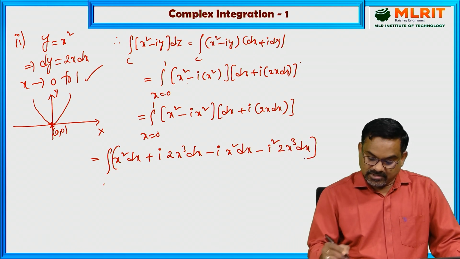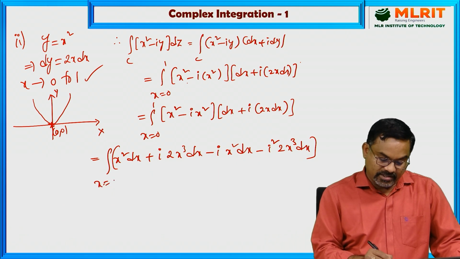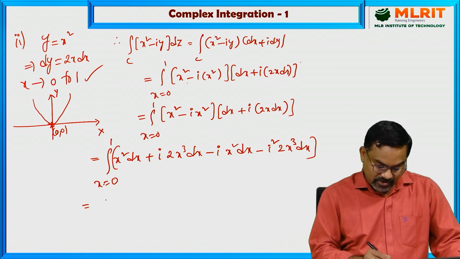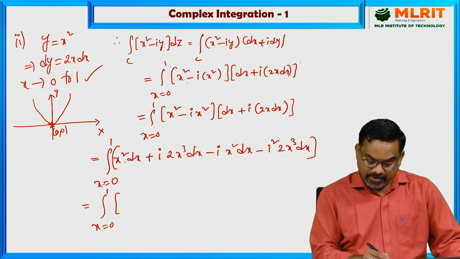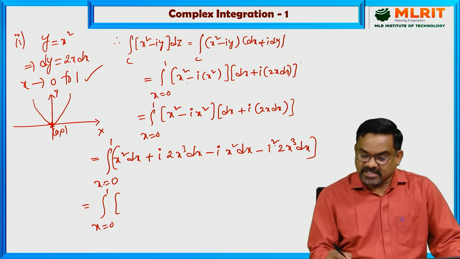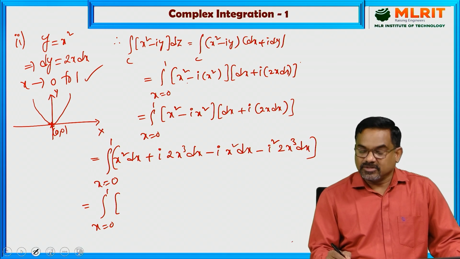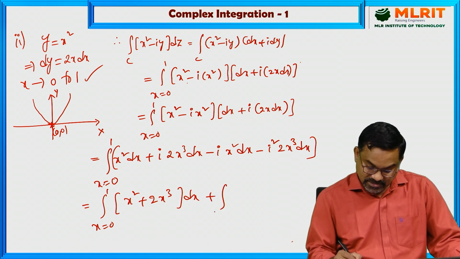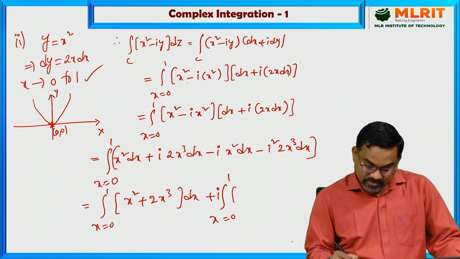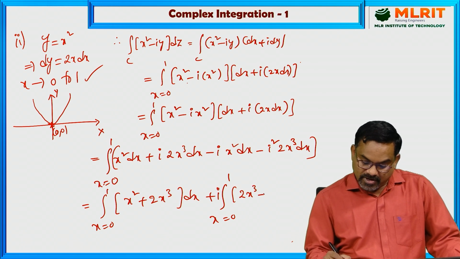So this is the function to be integrated. Here again on simplifying, x square, here we have the real part, and minus i square is minus 1, so minus into minus is plus, so x square plus 2x cube dx, plus integral from x equal to 0 to 1, i common, 2x cube minus x square dx.